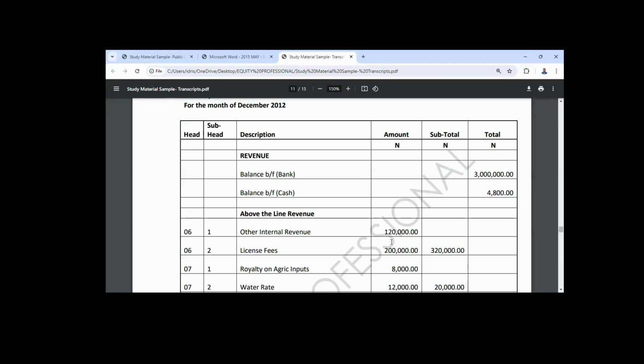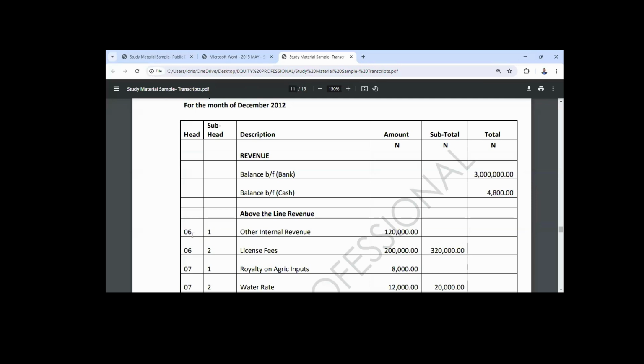I will put two of them together in the amount. Since we don't have any head that has 06 again, we will now total 120 and 200 together. We put it in the subtotal.